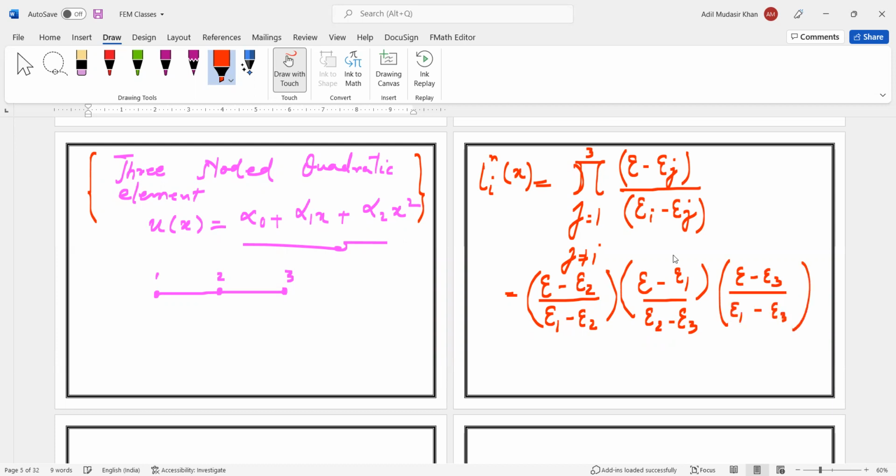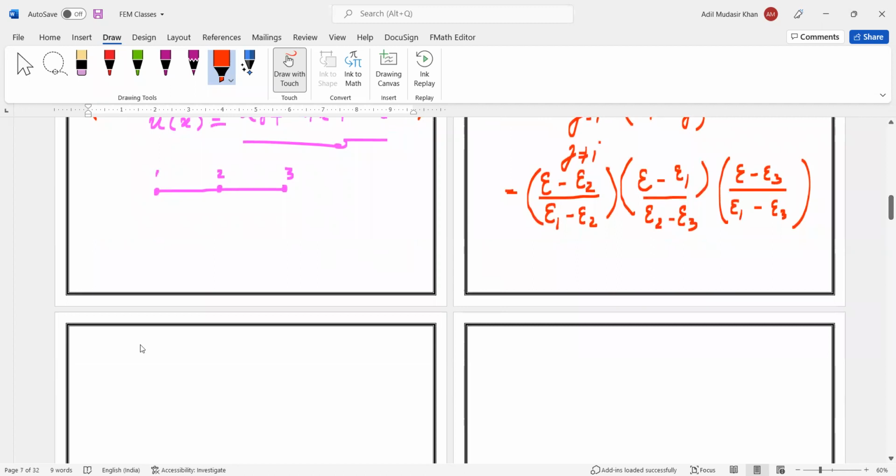Okay, so with j not equal to i, j goes from 1 and i goes from 1 to 3. Fine. So the first shape function for a three-noded element, we'll write n1 as a function of zeta.